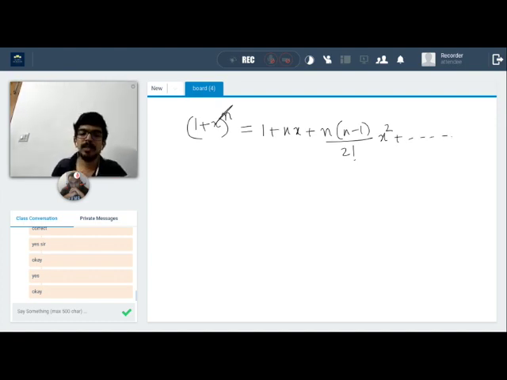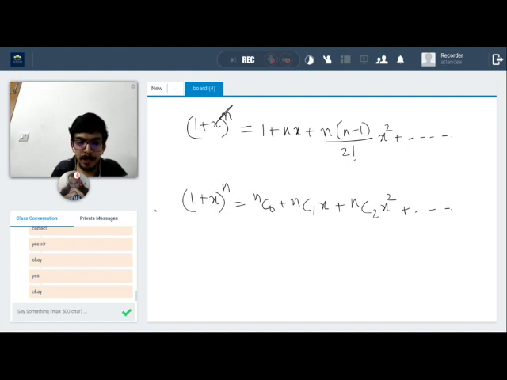The regular binomial theorem is 1 plus x raised to n equals nC0 plus nC1 x plus nC2 x square. That is called binomial theorem for positive integral index, which means n is a natural number. And this is what we call binomial theorem for any rational index, in which n is any rational number.